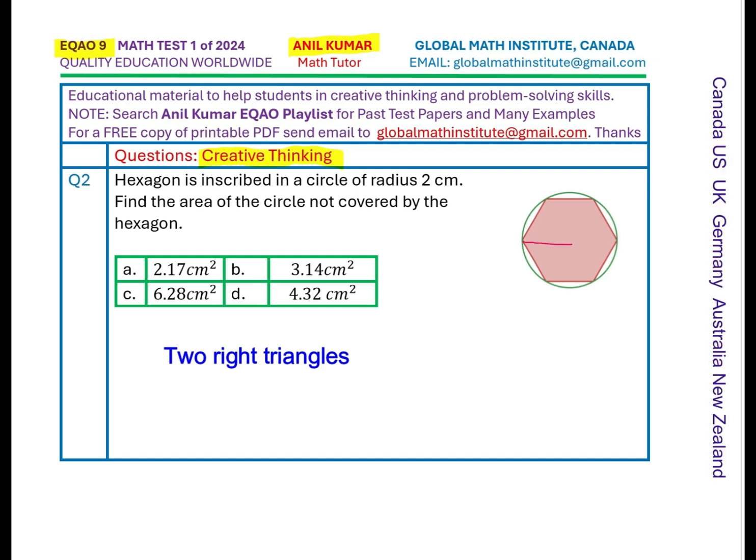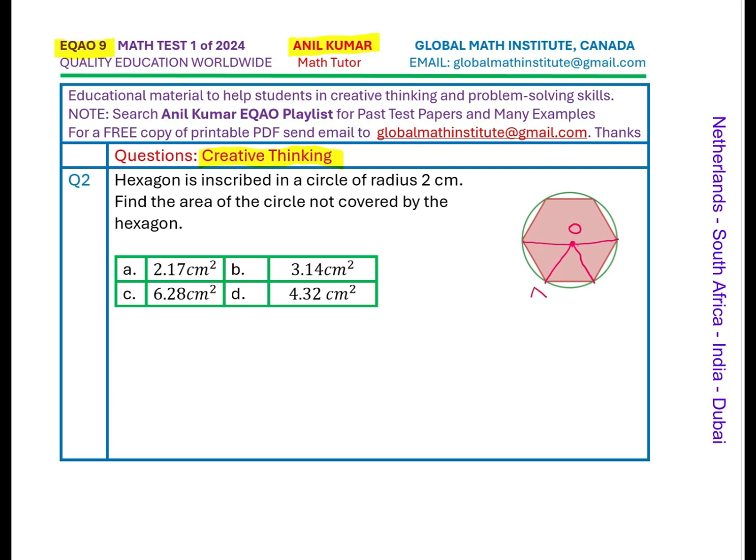As you can see, let me just sketch, try to find a center here, right? So, let's say this is our center O. So, if I connect the center with two vertices as shown here, we do get a triangle OAB.